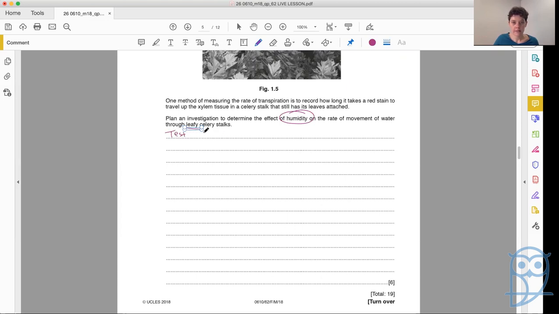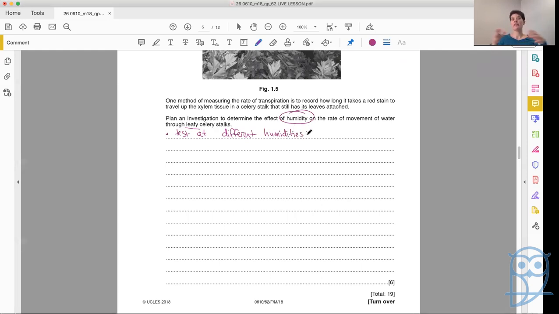I'm actually going to put this into bullet points for today, just so that we can clearly see, because we haven't done many of these questions together already. Okay, so we're going to test at different humidities. So we're first dealing with that independent variable.